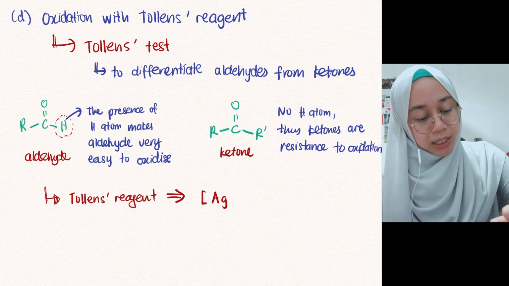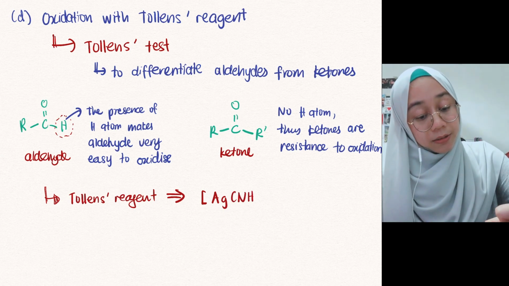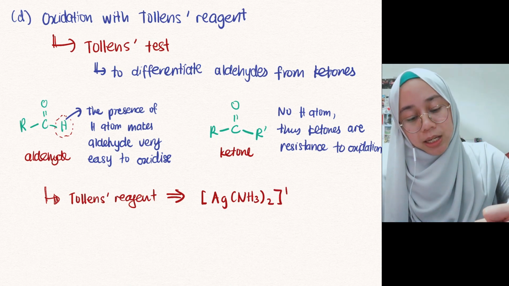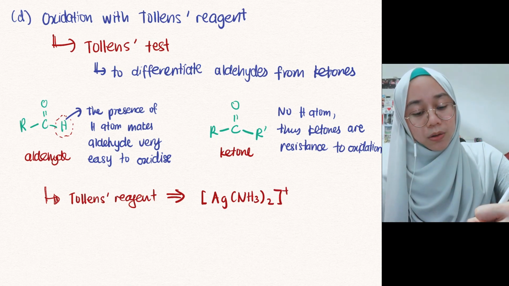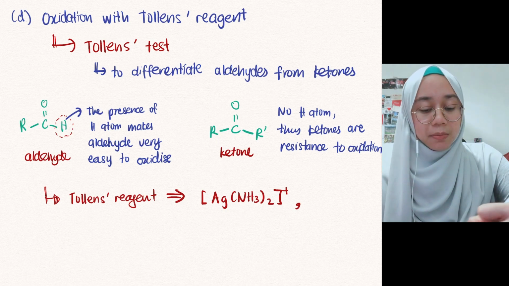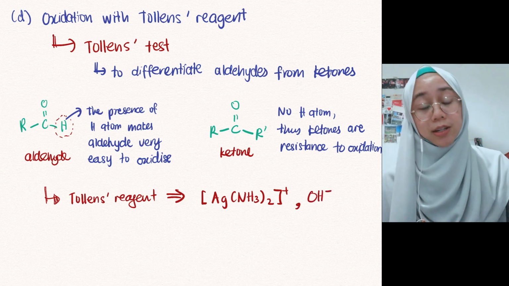Ag adalah silver. Dan kita ada ammonia kat sini, so dia sebenarnya adalah ion. Dia pula kena dalam basic medium, bermaksud kena ada hydroxide ion.